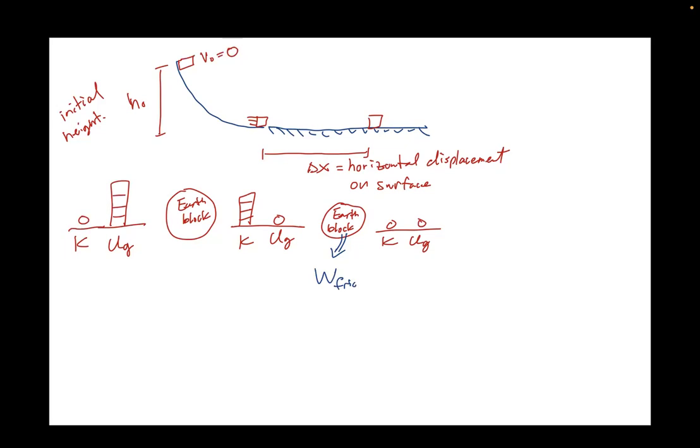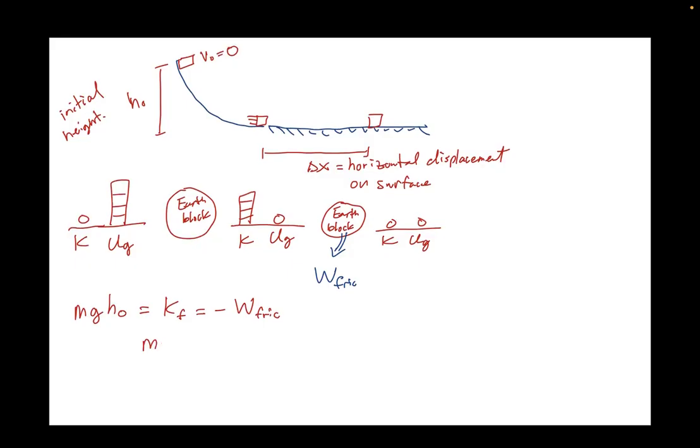Setting this up, we could say the mass of the block times the gravitational field constant times the initial height is going to equal that kinetic energy in the middle, which would then be the negative work due to friction. So mgh naught is equal to negative the friction force times the displacement times the cosine of the angle between them.